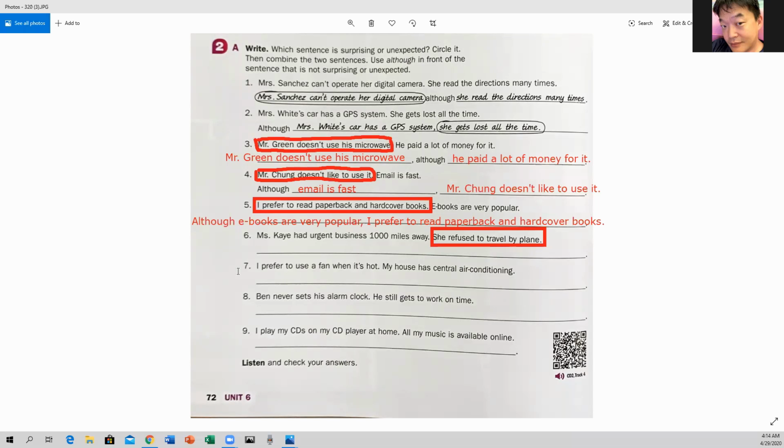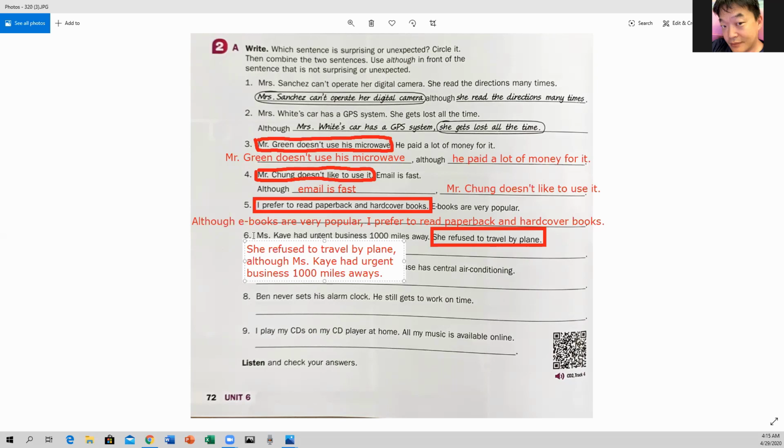Look, she refused to travel by plane, now comma, although Miss K had urgent business 1,000 miles away.